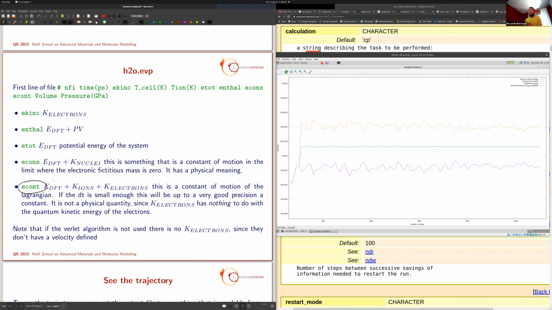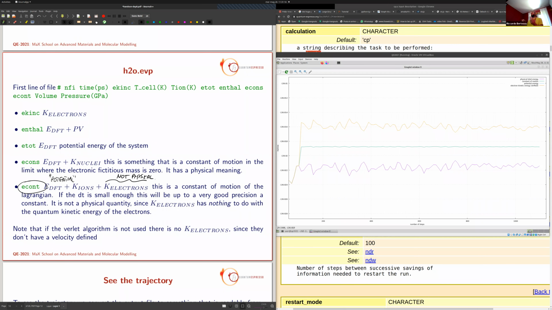It is the potential energy, plus the kinetic energy of the ions, which is something physical, plus this part. This part is not physical, there is no physics inside this number.